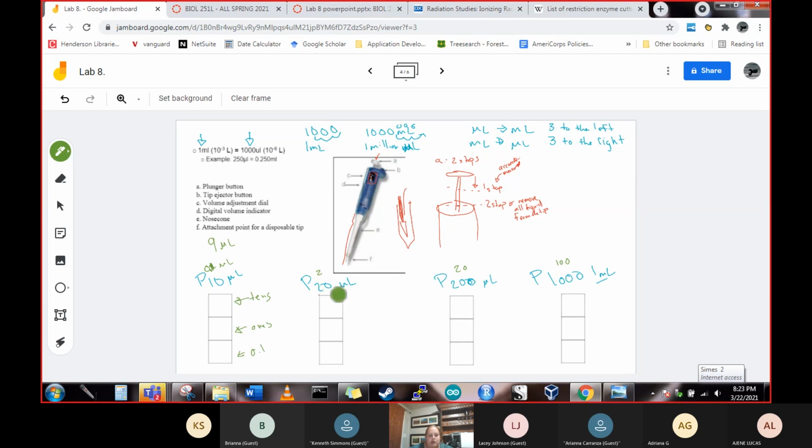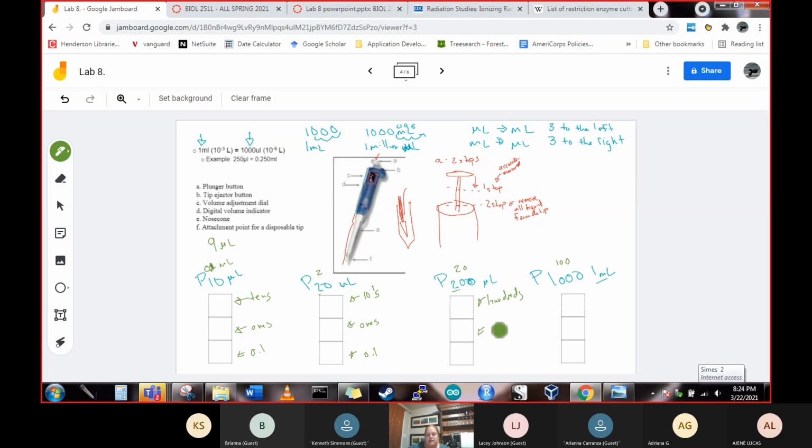For a P20, 20 is also tens, because that is a 10 decimal point. This would be ones, and this would be your 0.1s. For a P200, though, because 200 has a 100 decimal place, this would be your hundreds.